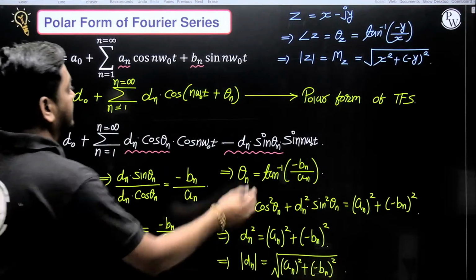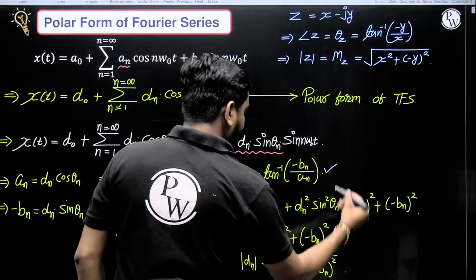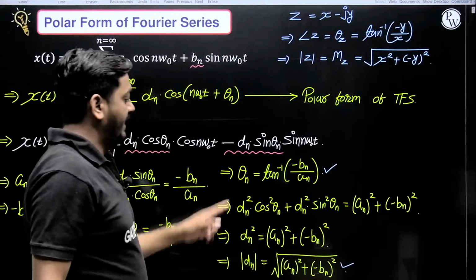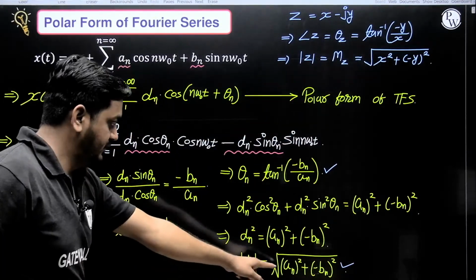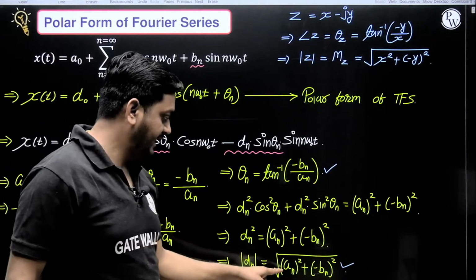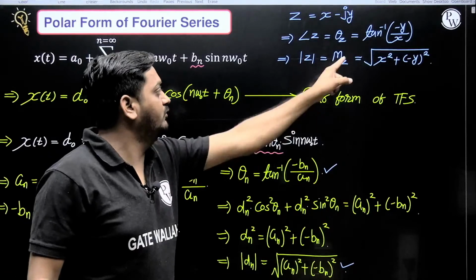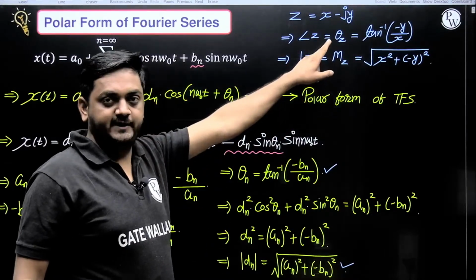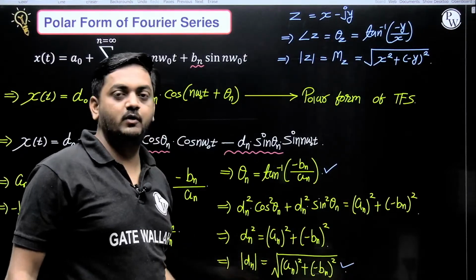Now compare this one, compare magnitude and angle with this. So mod dn equal to this magnitude, and an will be your real part and minus bn will be your imaginary part according to this one. If you compare with this, then an will be your real part and minus bn will be your imaginary part.